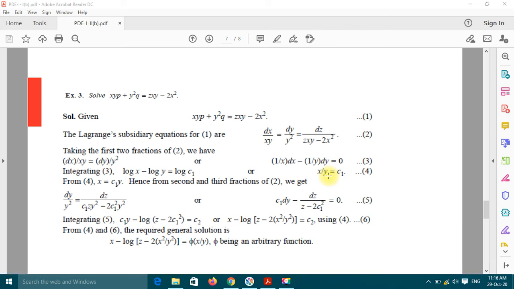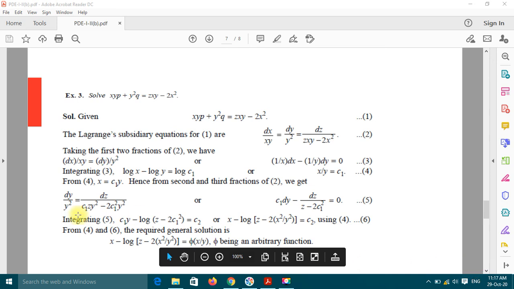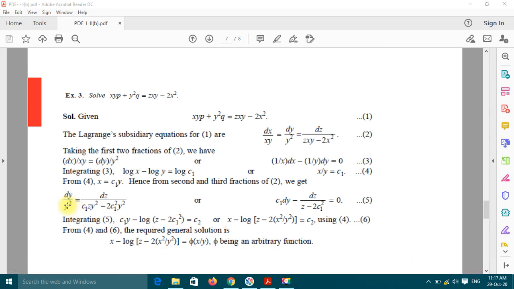Okay, so we take the second and third expression. Dy/y² = dz/(zxy − 2x²), and we put c1 y in place of x.